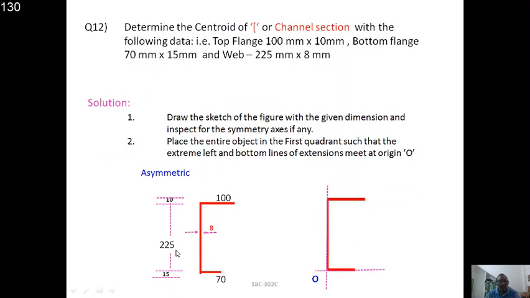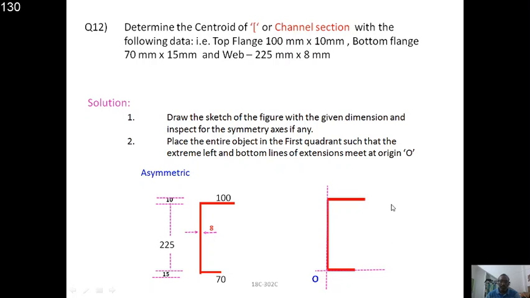This is the figure we have drawn with the given dimensions like 225, 8, and for the bottom flange 70 by 15. The shape has been drawn, and due to that we also understand how to place the entire figure in the first coordinate. So we placed the object into the first coordinate.